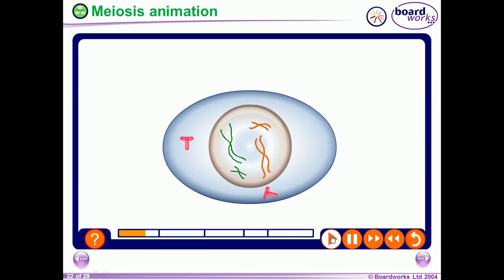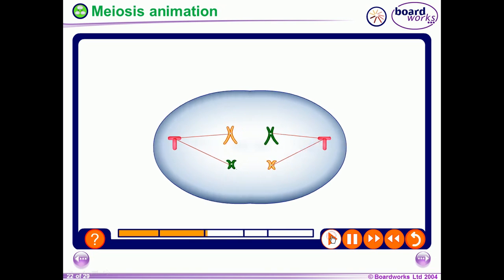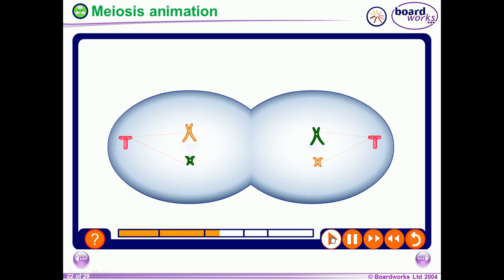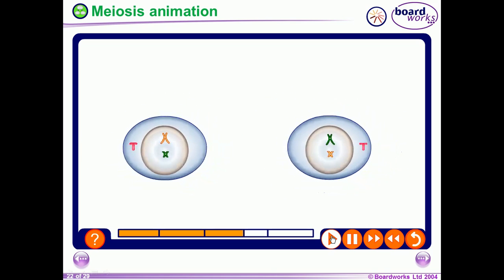So we can see in this animation, before the cell divides, there is DNA replication, as recognized by the X-shaped structure of the chromosome. And then the cell divides to form two cells where the chromosome pairs separate. And then there is another cell division.